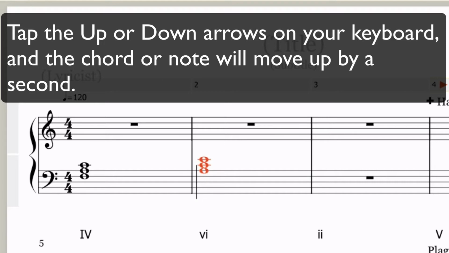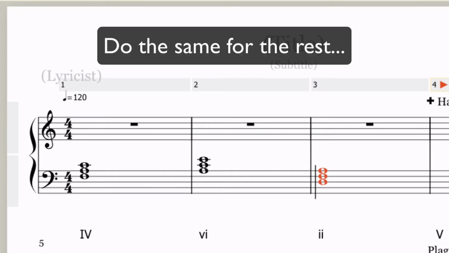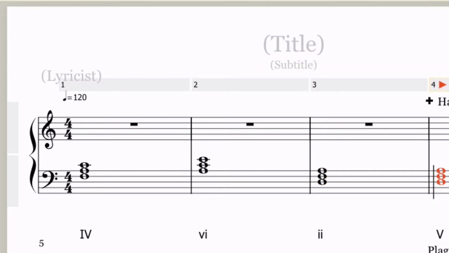Now I'm going to hit R again, repeats the chord. What do I want? A 2 chord here. Since everything is selected in red, I can just hit the arrow down until I get to the 2 chord, which in the key of C would be a D chord. I'm going to hit R again to repeat, and hit the arrows until I get up to a G chord or 5 chord.